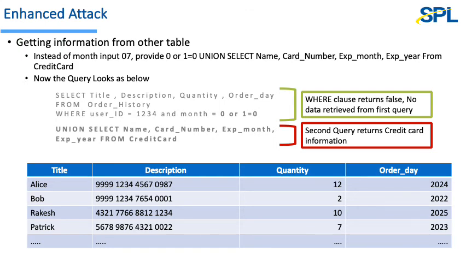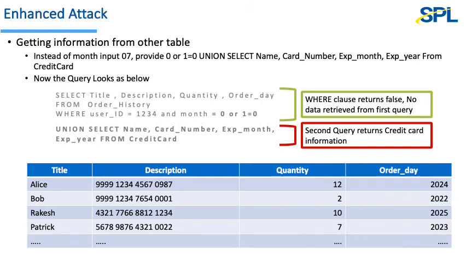Now the attacker, with the second query, tries to get the information from a new table, in this case the credit card table. The information from the credit card table is merged into the result set of order history. It is possible as an attacker to exactly match the data types of the credit card table fields with the order history table.